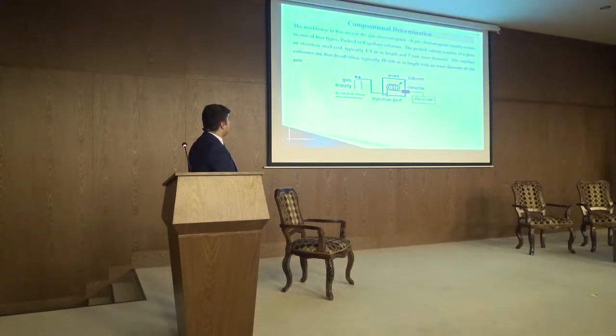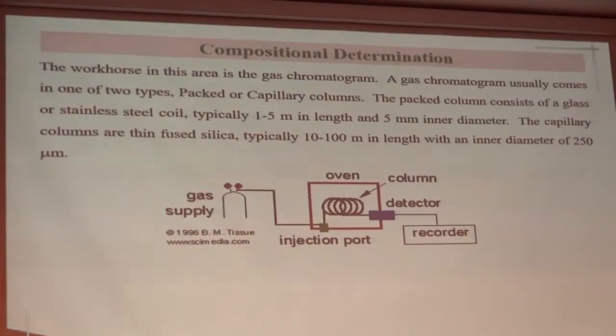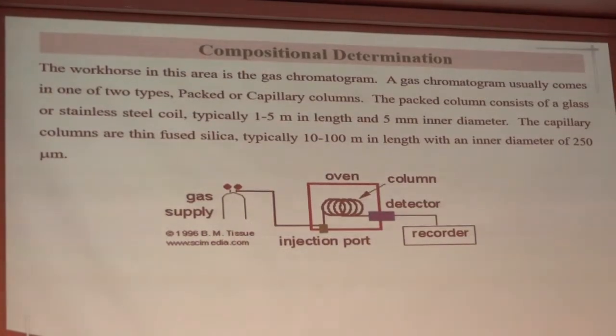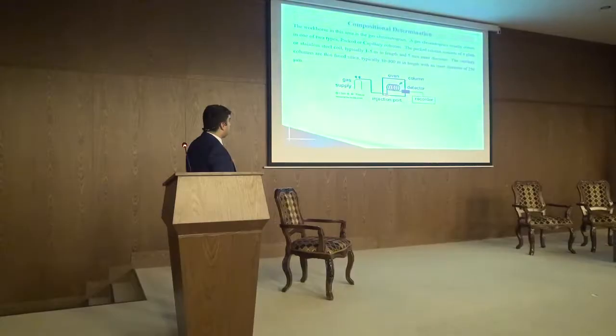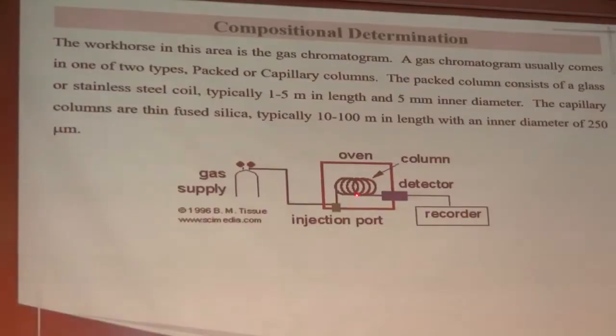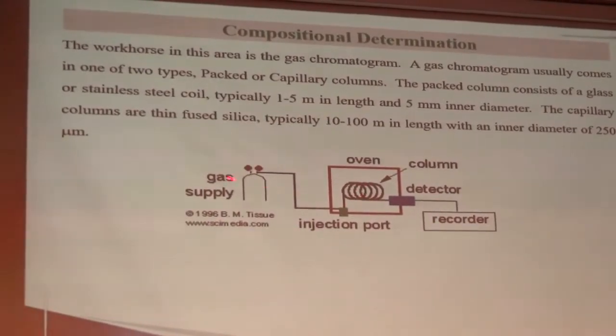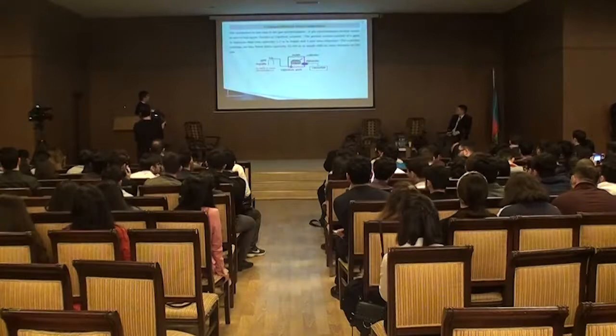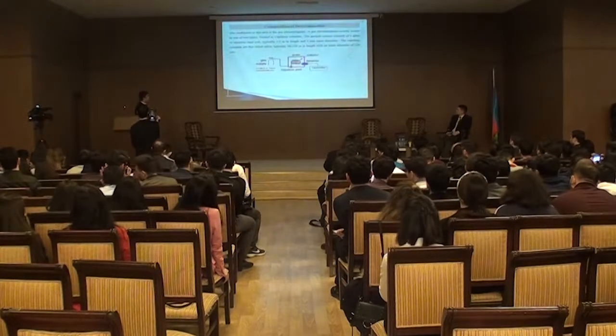It is a simple illustration of gas chromatography. Based on this tool, we define component composition of the reservoir fluids. Here we inject our reservoir fluids, and there is two types of columns, packed or capillary columns, and packed columns mainly 1.5 meter in length.